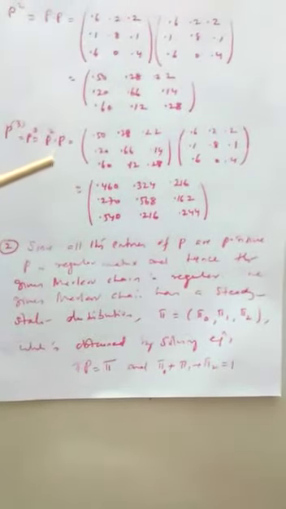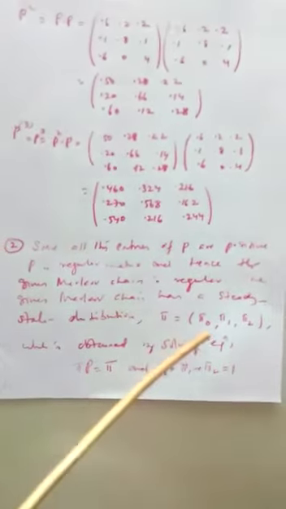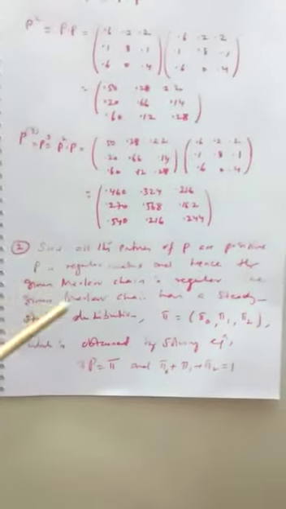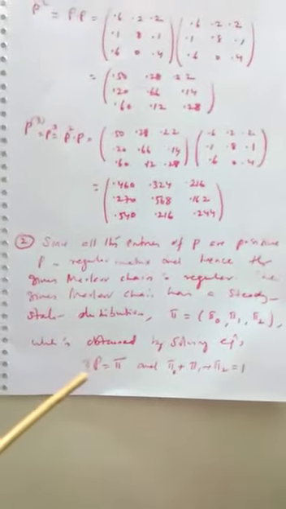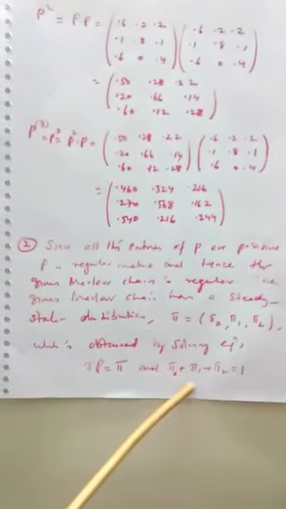In this problem we use the notation pi 0, pi 1, pi 2. Our aim is to find the values of pi naught, pi 1 and pi 2. So we solve the following equations: pi P equal to pi, and pi naught plus pi 1 plus pi 2 equal to 1.